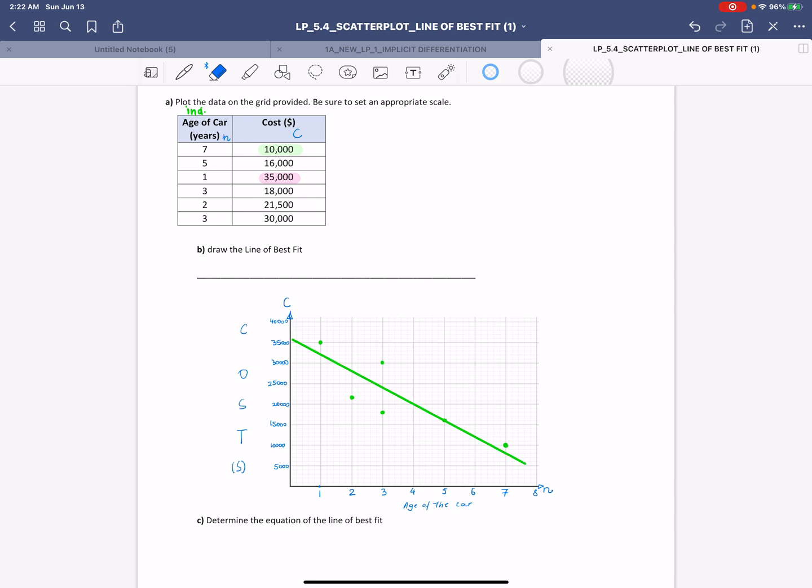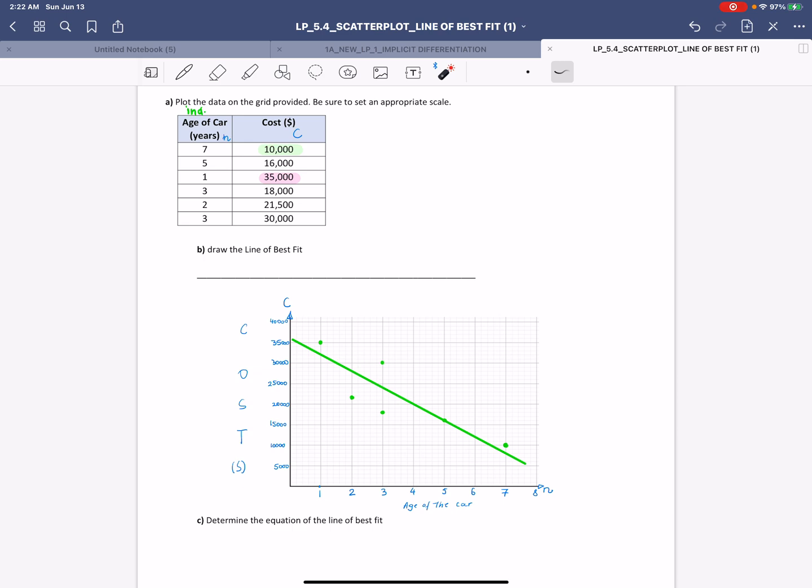So I think that this is a good line of best fit because I see that there are 2 points in here and 3 above, but this point is closer to the line than this other one, and this point in here has a smaller distance than this other one.